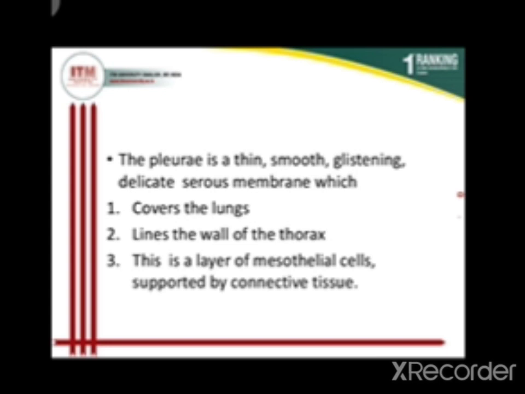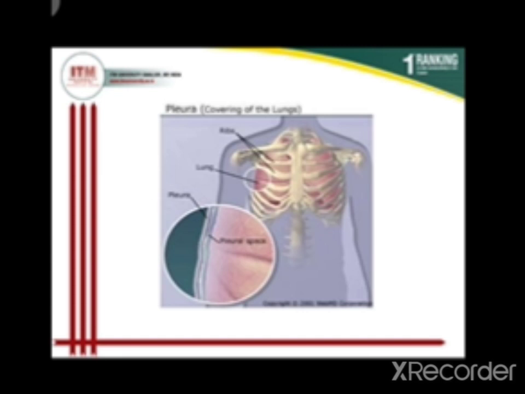The pleura is basically the covering of the lungs. It lines the walls of the thorax from inside, and this is a layer of mesothelial cells supported by connective tissue.